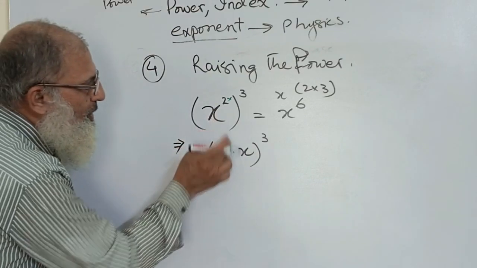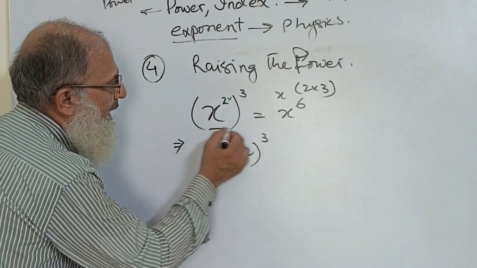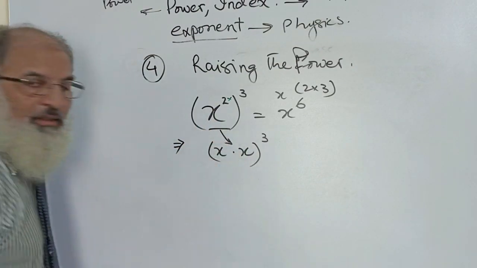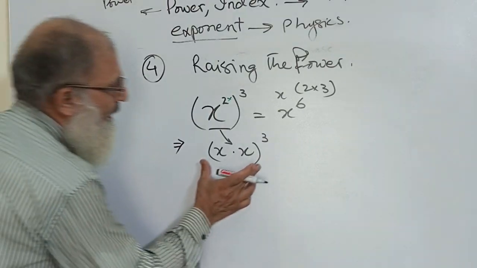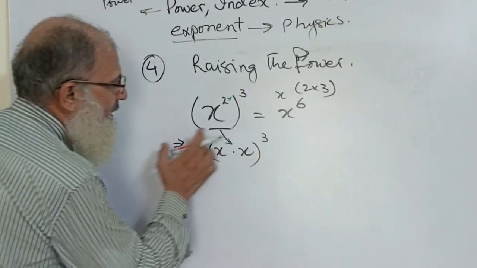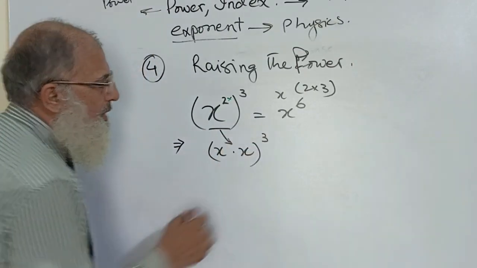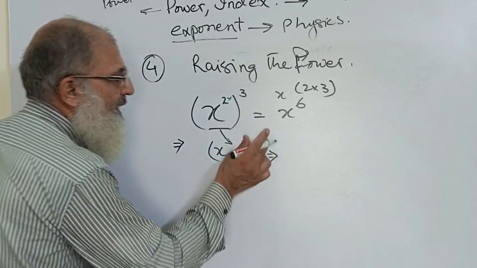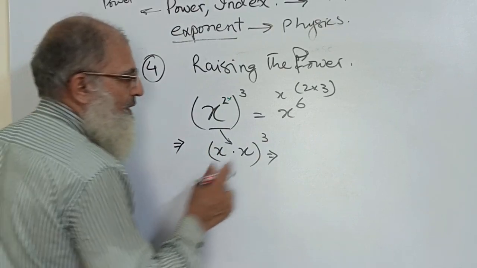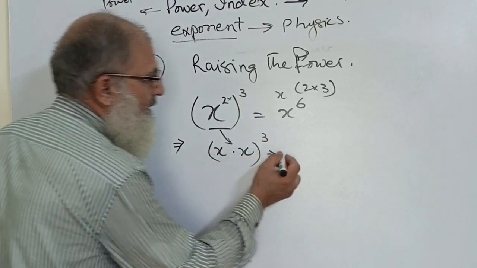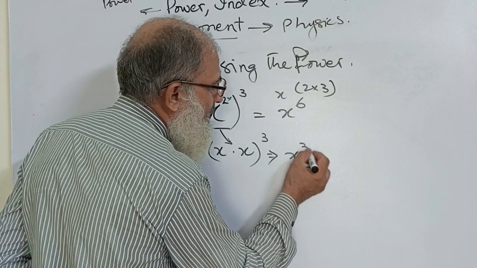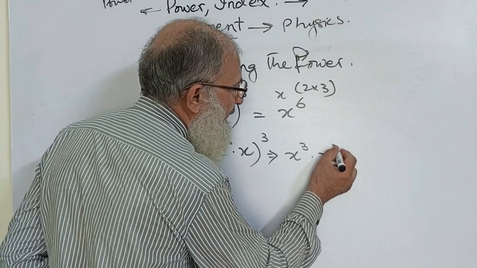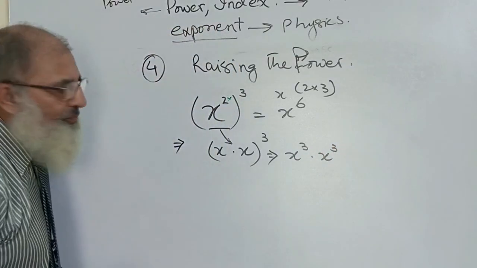You have already solved the element inside the bracket, but we still are left with the outer power. That means we still have to solve for this power. This power is also for the first x and for the second x.